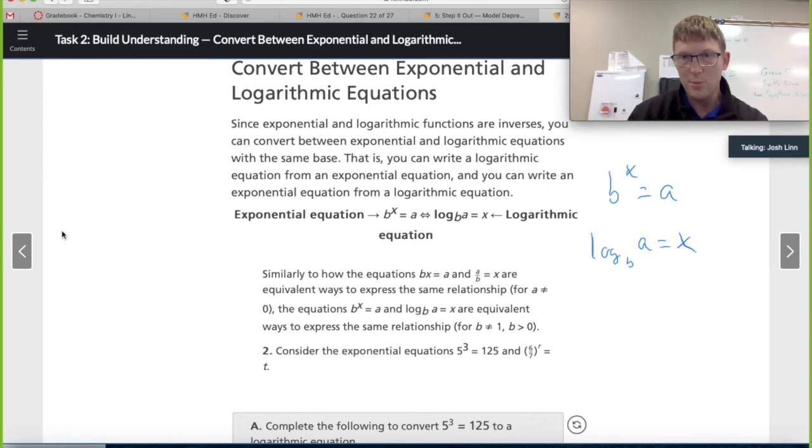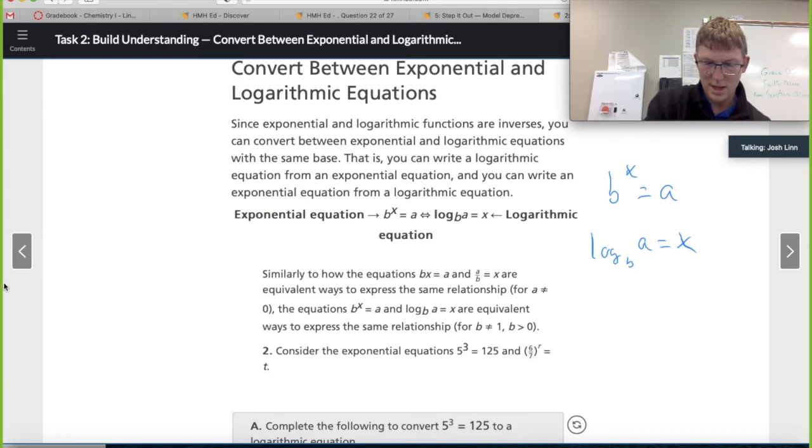So this would help us with that very first problem, because that x was in that exponent, so we could use a log base of b to figure out the altitude. So these are inverse functions.